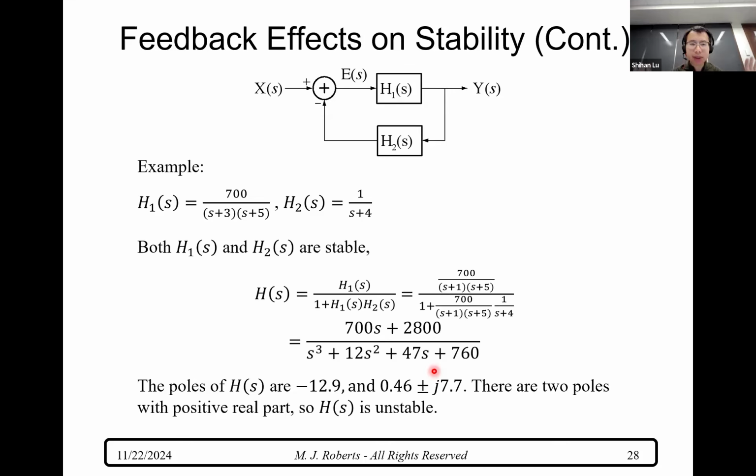So in this case, both the original system response H1 of S and the system feedback H2 of S are stable in their original form, but if we put them all together into a feedback expression, the outcome transfer function, the outcome feedback system, will be unstable.